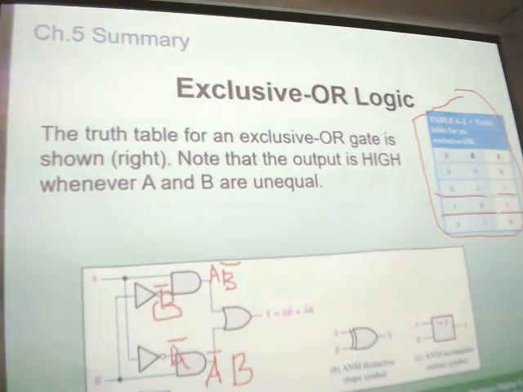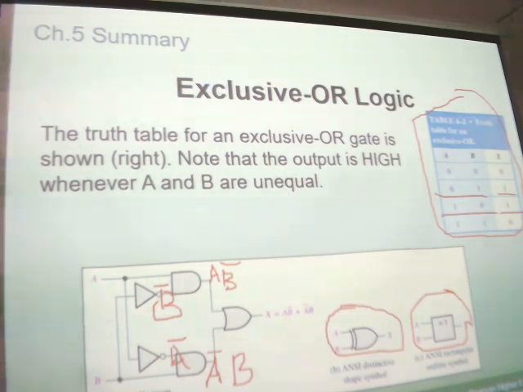We use this symbol to represent exclusive OR logic. This is the ANSI distinctive shape symbol. And we can also use this symbol. This is the ANSI rectangular outline symbol.